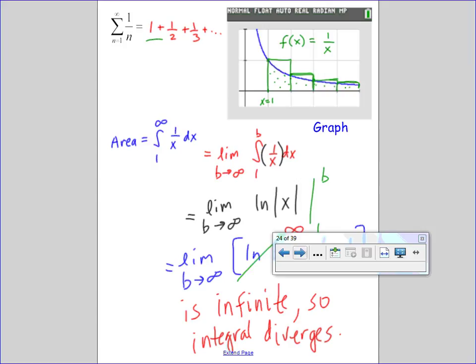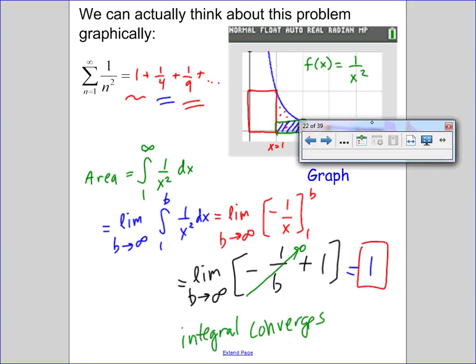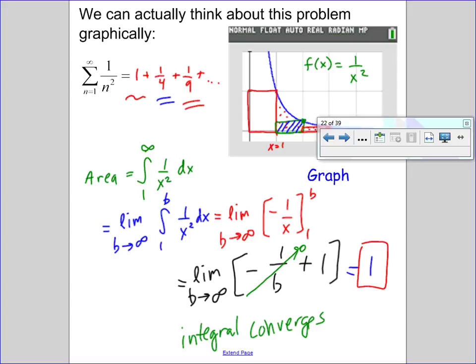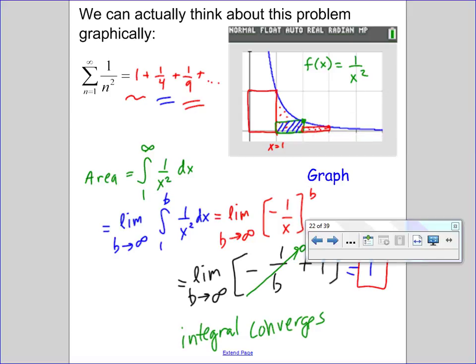How do these pictures help us determine convergence versus divergence of the series, that is, those terms that are being added together, versus the graph? Well, we just saw how this area was finite, right? And the term values are all bounded beneath my curve, except for this first one, which is 1, which is a finite value itself, right?